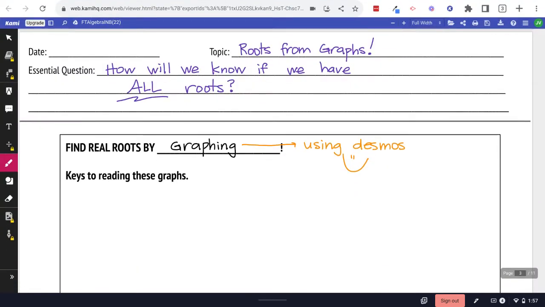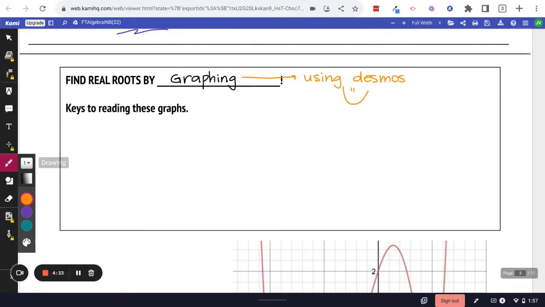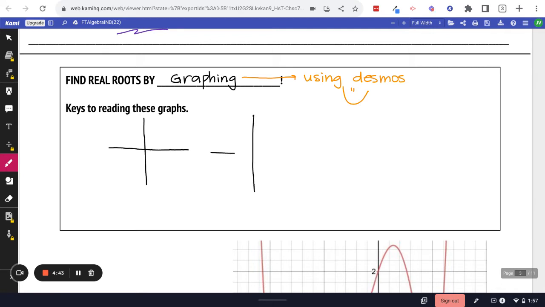But in the meantime, in our notes, keys to reading these graphs. Here's what I want you to do. I want you to draw 1, 2, 3 blank graphs. And then I want you to stop. We will add to those tomorrow.